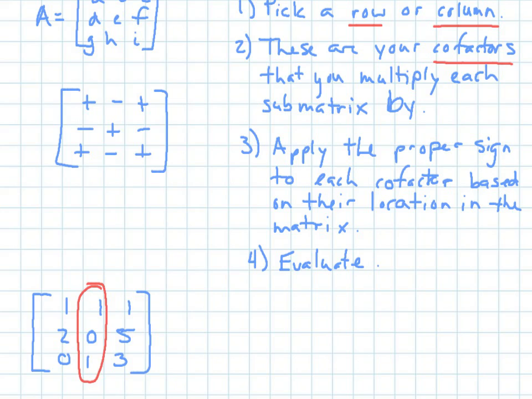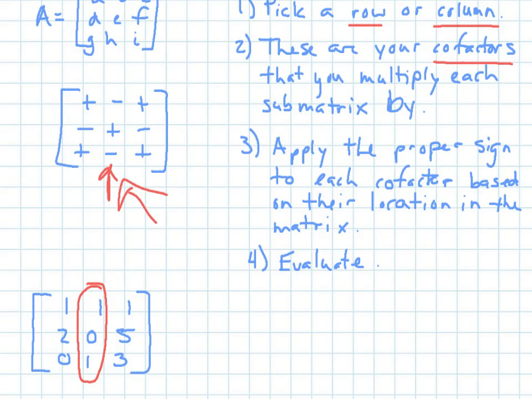Step 3 is we need to attach the proper sign to each cofactor based on the location in the matrix. Each position in the 3 by 3 matrix has a certain sign when you pull out the cofactors. Since I picked this middle column, or the second column, my signs are going to be minus, plus, minus.